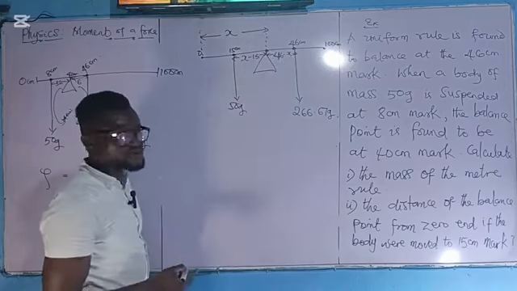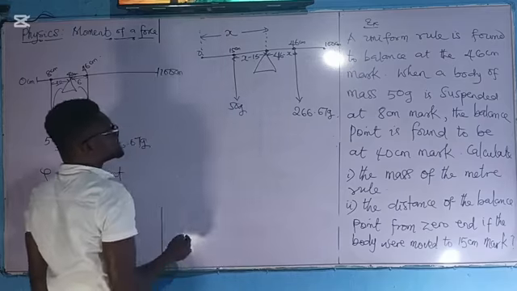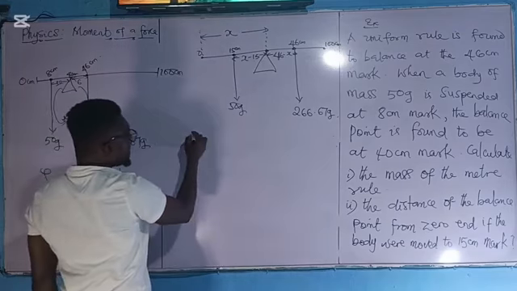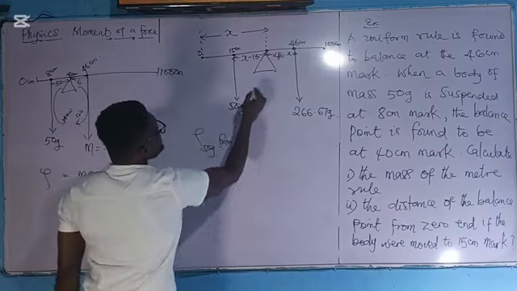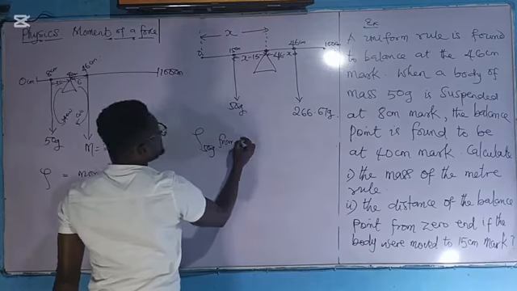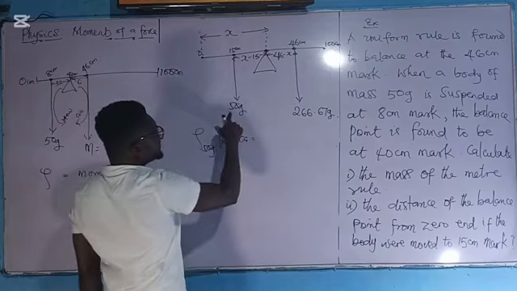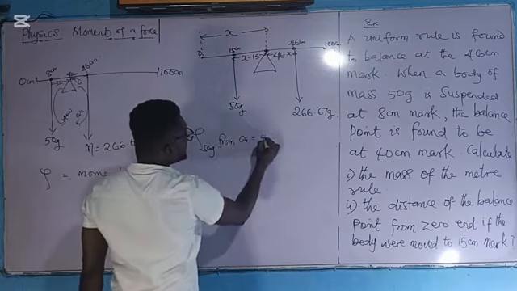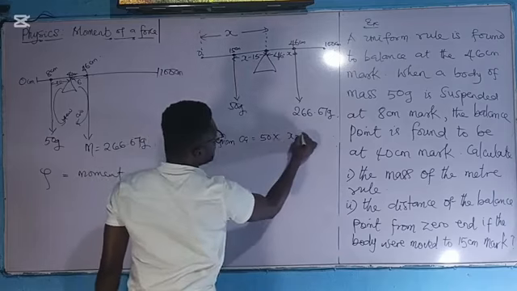So at this point, we get the moment of each of the masses here. The moment of 50 gram from this center of gravity will be 50 times the distance, which is x minus 15.